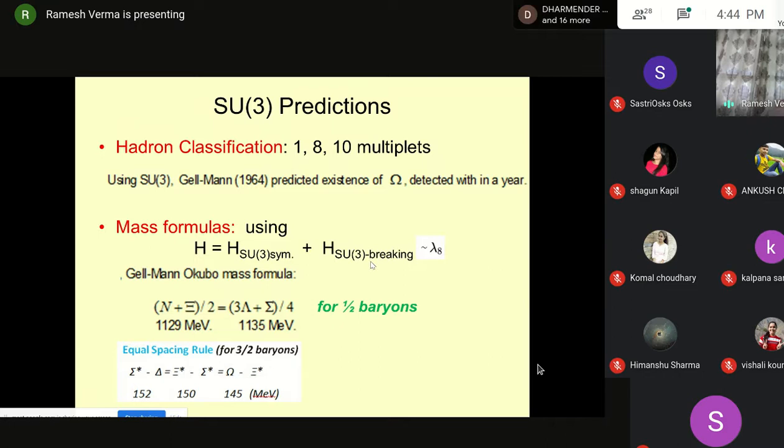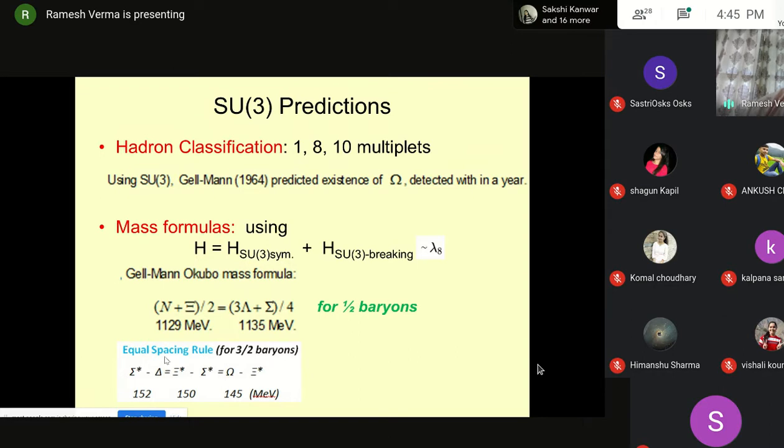Following the pattern of degeneracy breaking in the hydrogen atom due to magnetic field, and also due to electromagnetic interaction in the case of isospin symmetry, we presume that the SU(3) breaking Hamiltonian or potential term is proportional to the eighth component of the lambda matrices, that is lambda 8. Just by using this, Gell-Mann and Okubo derived these mass formulas for spin-half baryons, which are quite reliable.